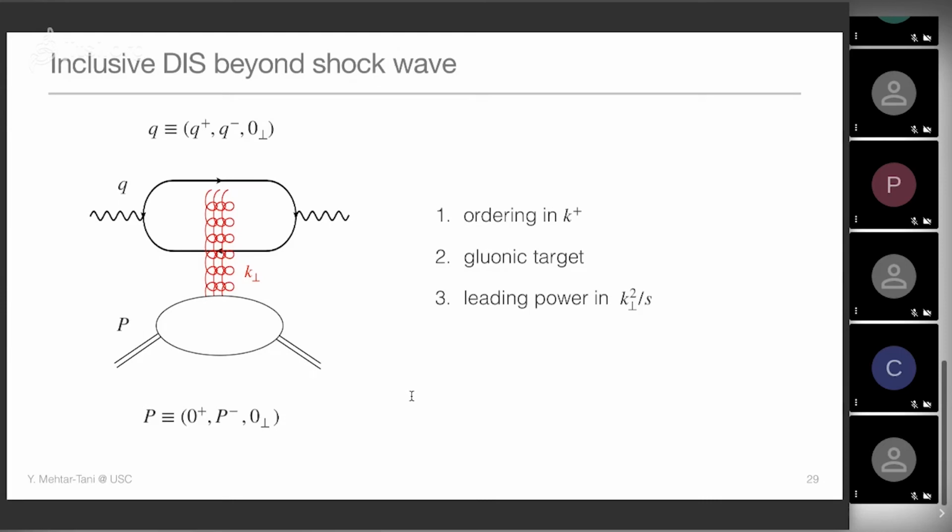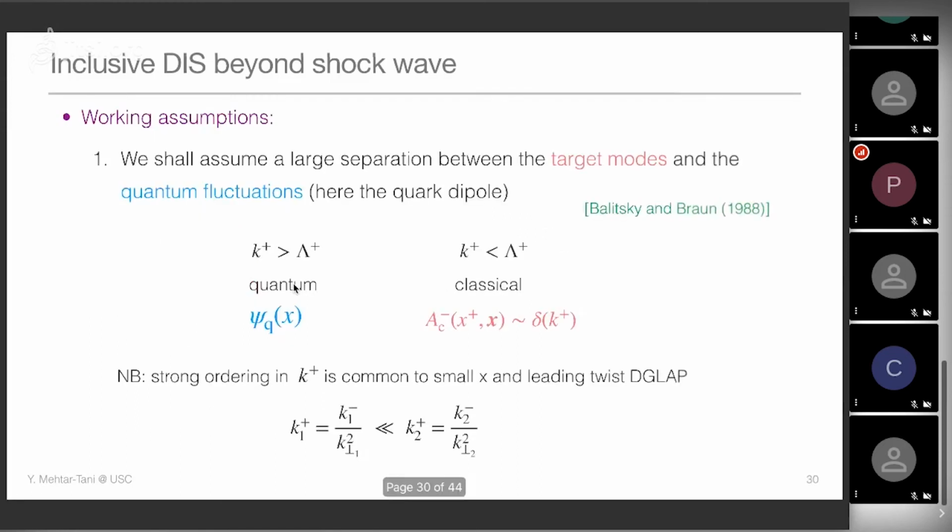We assume a gluonic target, so we neglect quarks in the proton, and then we work in leading power in k perp squared over s. This means that we assume that s goes to infinity, but we allow ourselves to be in a regime where Q squared can be of order s.